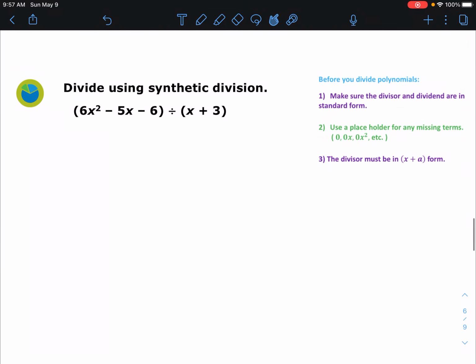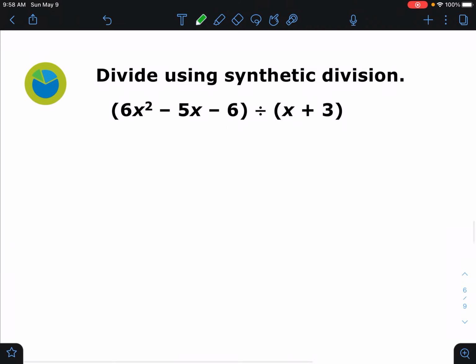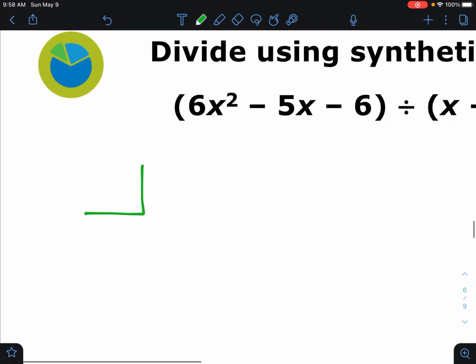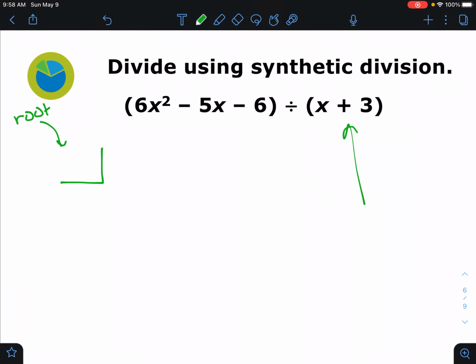Okay, so how does this work? Well, first, you're going to start out by writing a little half box right here. Now, what goes in that half box? I'm going to write the root. It's the root of your divisor. So if you look, here's my divisor.